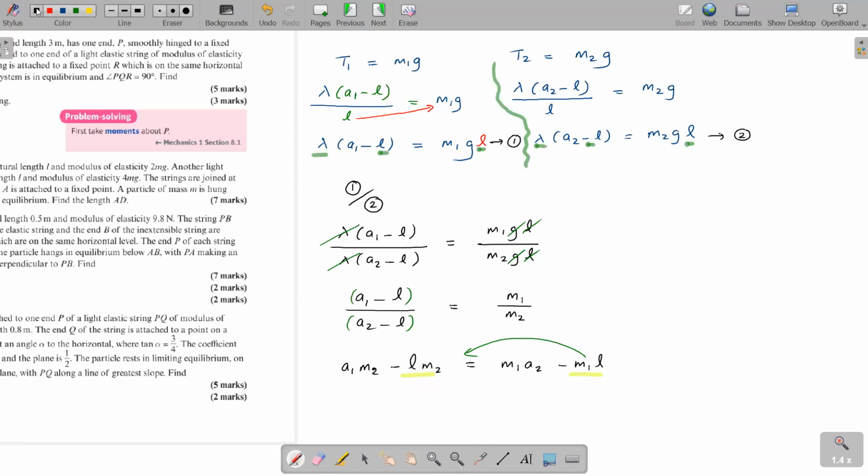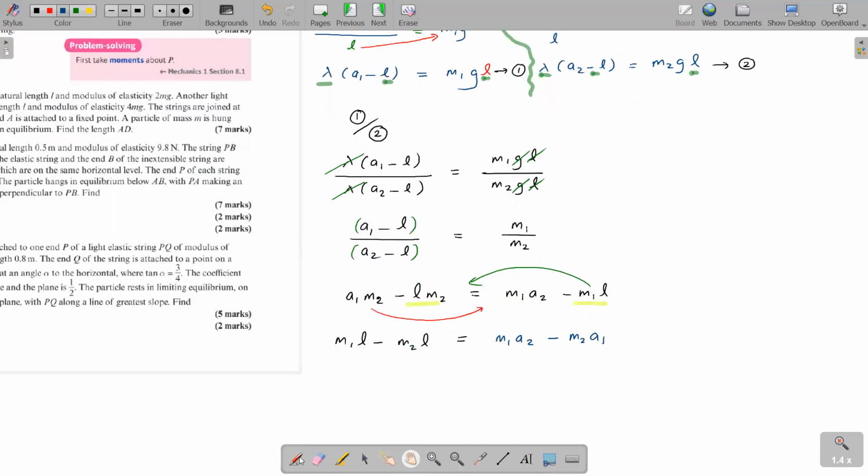So I get here M1L minus M2L. I think M2L is preferable, but it doesn't make a difference. Equals, I'll take the A1M2 to the other side because I want to keep the L terms on one side and everything that doesn't have L on the other side. So over here I get M1A2 minus A1M2, or M2A1. A1M2 and M2A1 are exactly the same.